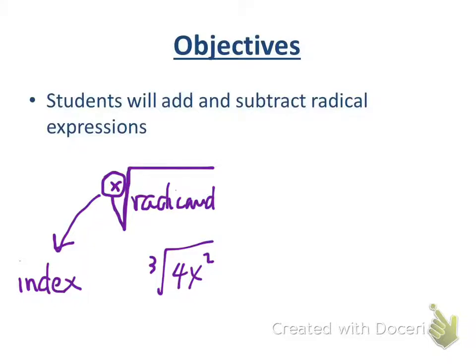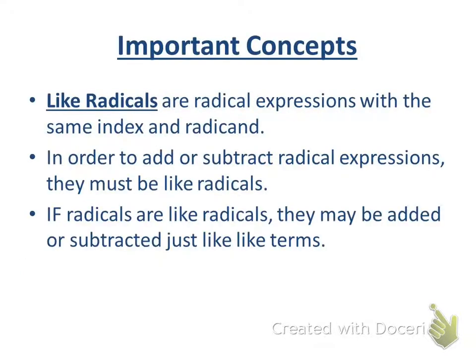Now, in order to add and subtract radicals, we need to define what like radicals are. And this is an extremely important definition. Like radicals have the same index and the same radicand.